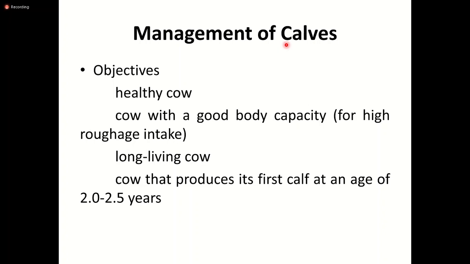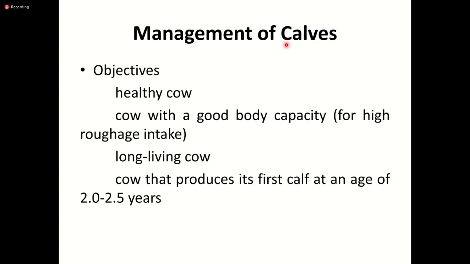In addition, we want an animal with a very good body capacity, because they should be able to consume lots of roughages. We already discussed the basic differences between monogastric and ruminant animals.